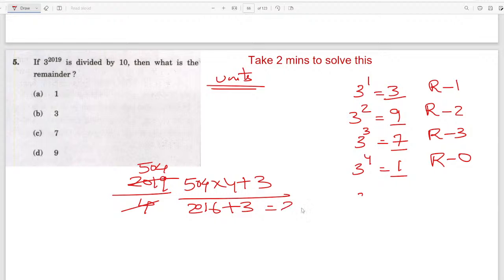This gives you 2019. The remainder is 3. So when the remainder is 3, the unit digit is 7. The correct answer is option C.